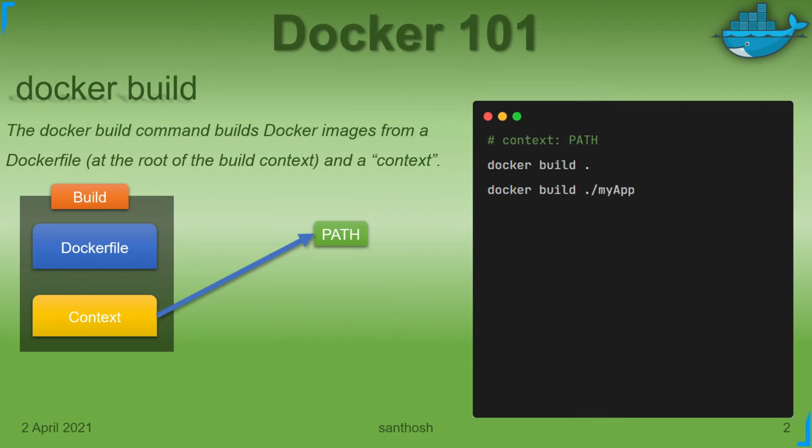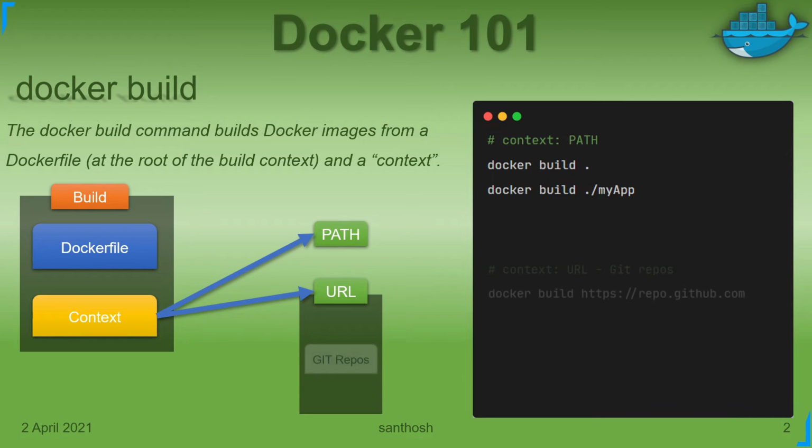Context can either be path-based or URL-based. While using the path-based context, make sure the Dockerfile is present at the root of this path, and all the contents from this path will be used as build context. URL-based context could be one of the following.